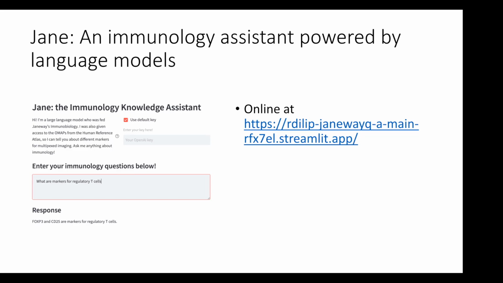He's also combined that with the OMAPs produced by Kati Borner's HubMap group. And the result is this knowledge assistant that you can query for information about any particular marker as you're working on data set harmonization. And this is currently online.